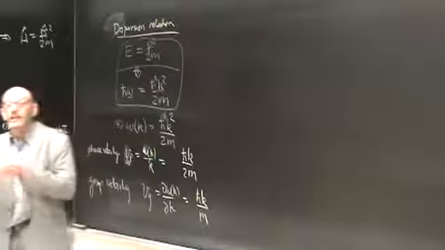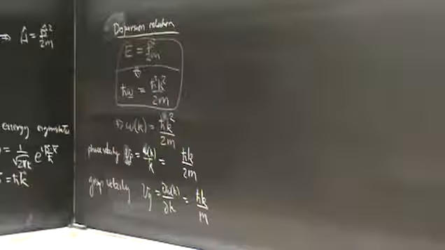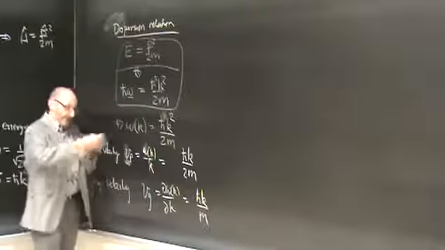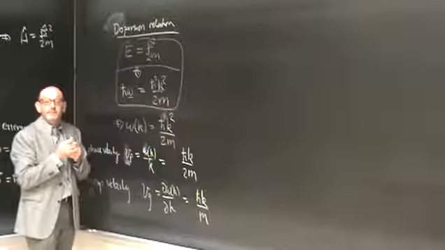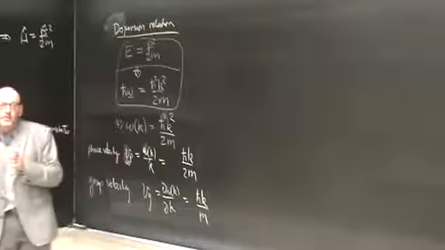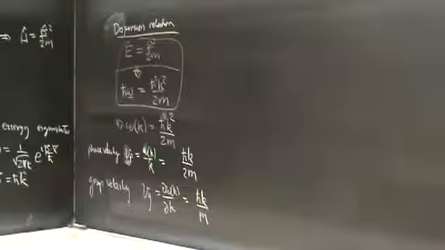And because of that, if you have a wave packet, which has some spread in momentum, it will disperse. Okay? And you're finishing up your homework on that problem, if you haven't already done that. Okay? Any questions?